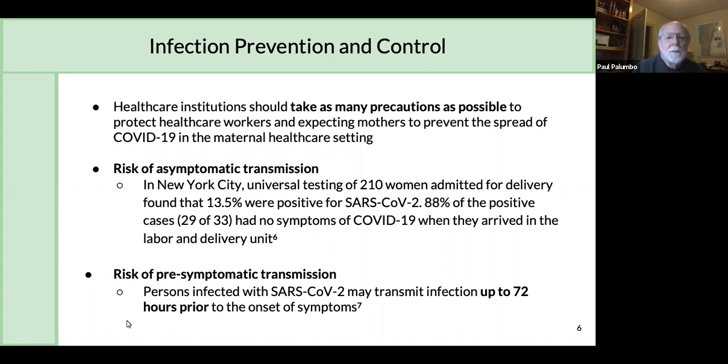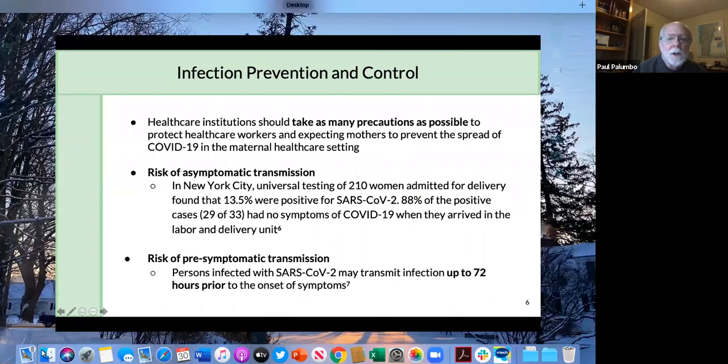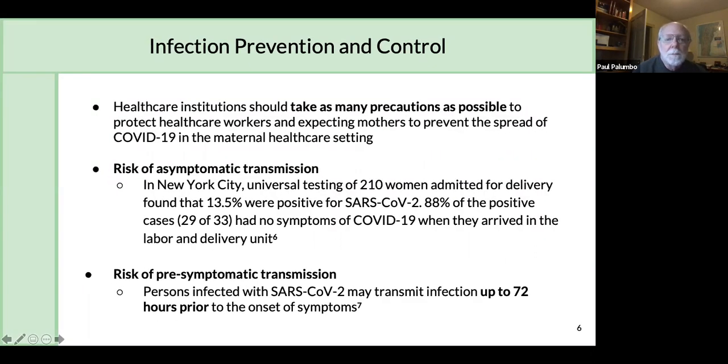A lot of information is starting to come out of New York City, which is our biggest hotspot in the United States. They've instituted universal testing of all pregnant women that are admitted for delivery. To date, something in the range of 13 to 15% are positive for this coronavirus.